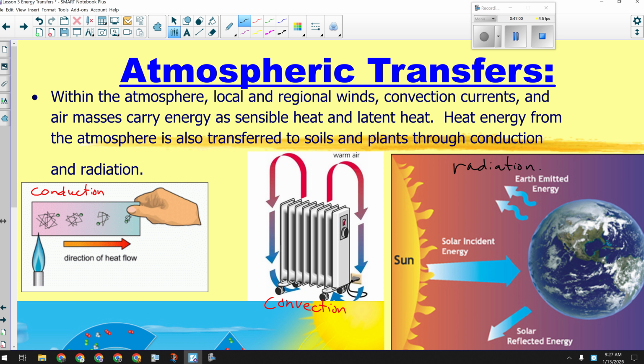These are the 3 methods by which thermal energy is transferred.